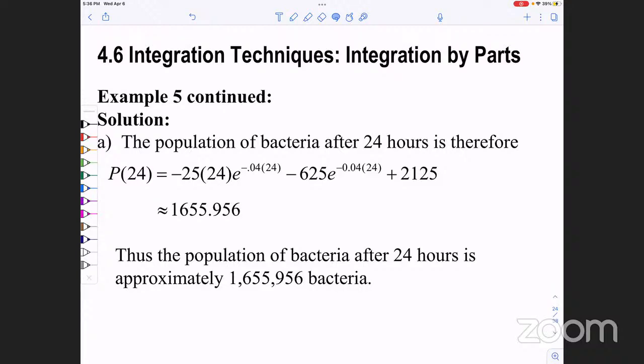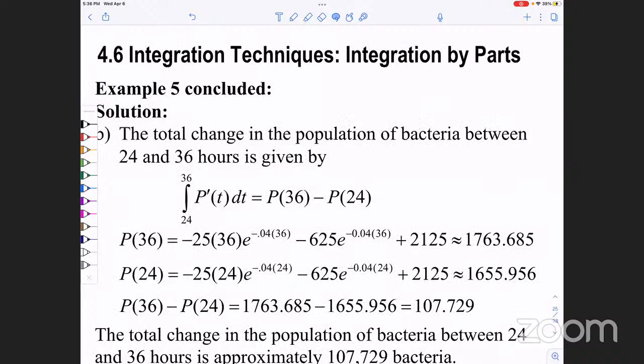So then, for the sake of time, because I'm kind of burnt, the total change. So they wanted us to integrate from 24 to 36. You can honestly, yeah. So right here, we can use the result that we got. So we got a result that we just used for 24. So then we can go and plug in when t is 36.